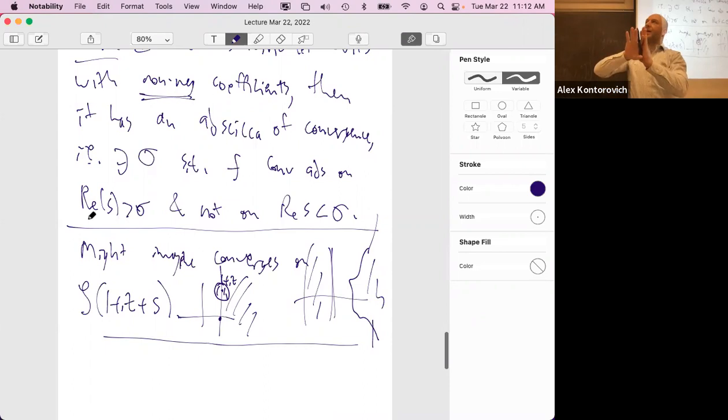One thing that's even easier to see: if it converges absolutely at real part of s equals something, then it has to converge anywhere to the right. That's why you'd need some sort of crazy conditional convergence.